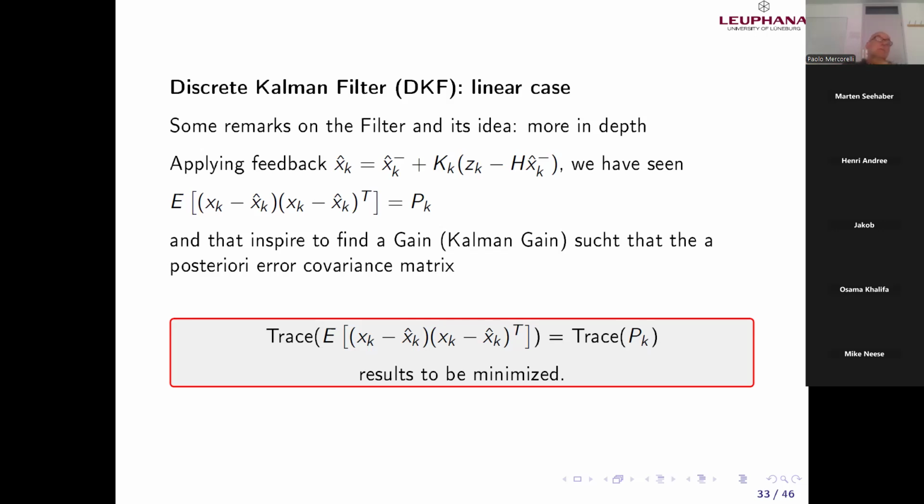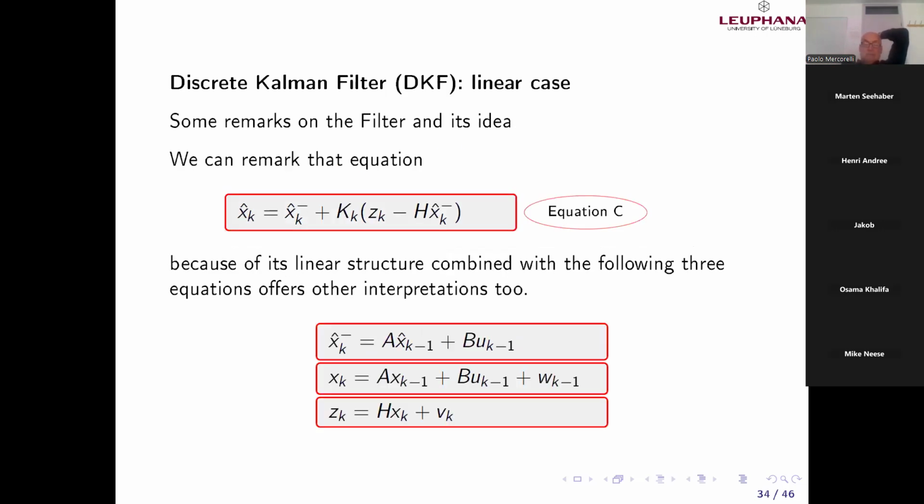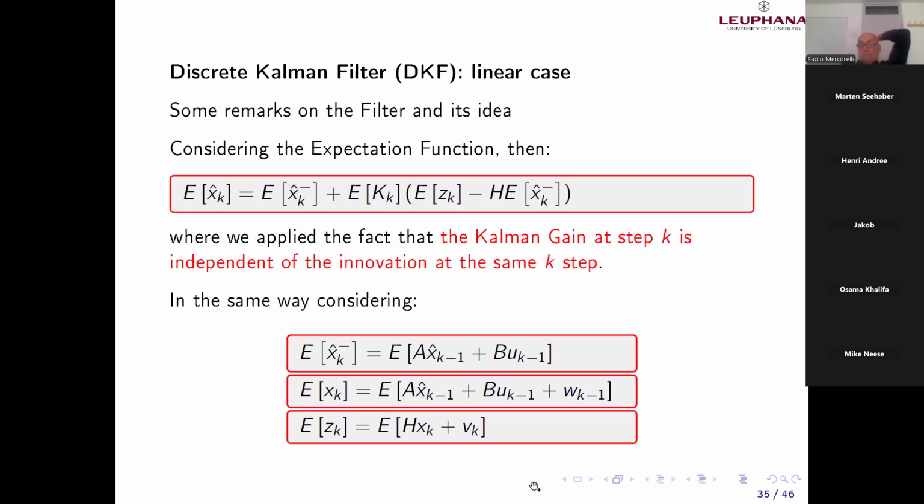If I now consider the problem to optimize this trace, meaning the sum of the diagonal elements, the sum of the variance. To remember, on the diagonal we have the variance of the states. If I consider to minimize the variance, it's nevertheless an interesting possible solution because the variance represents the errors.